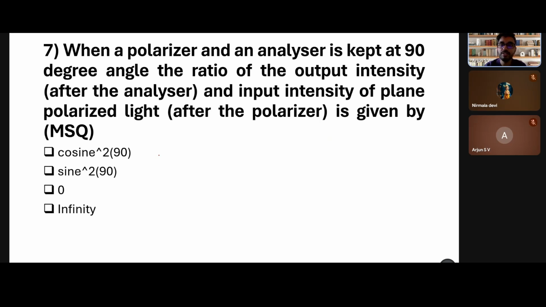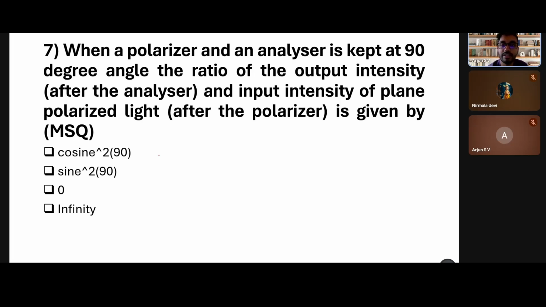So the next question: when a polarizer and an analyzer are kept at 90-degree angle, the ratio of the output intensity after the analyzer and input intensity of plane polarized light after the polarizer is given by. This is also a multiple select question.